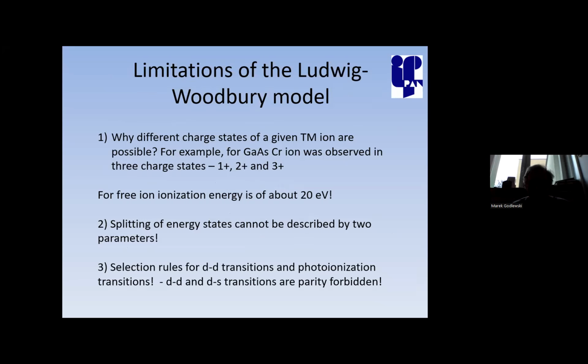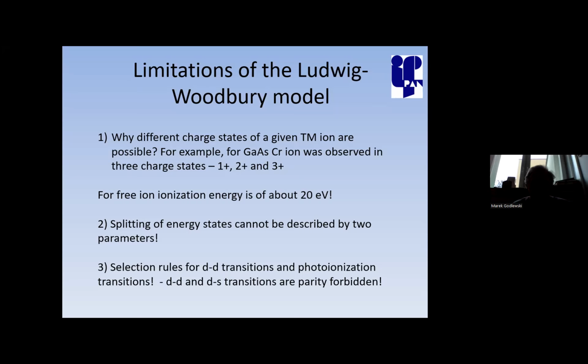So how is it possible that within 1.5 electron volts we suddenly have 3 charge states of this impurity? Also, the splittings and energy states could not be described using only the 2 parameters of the crystal field model.